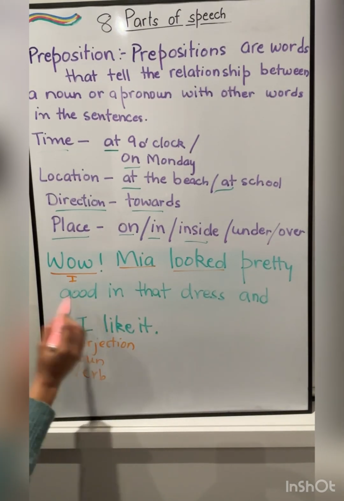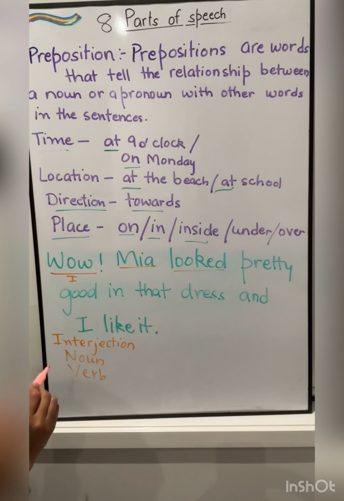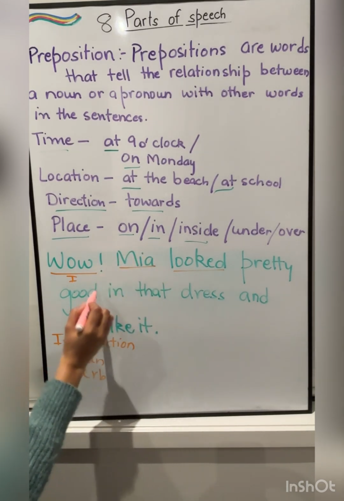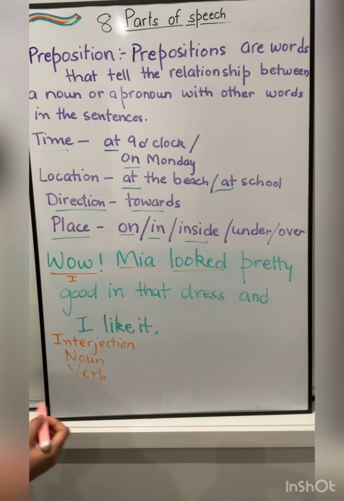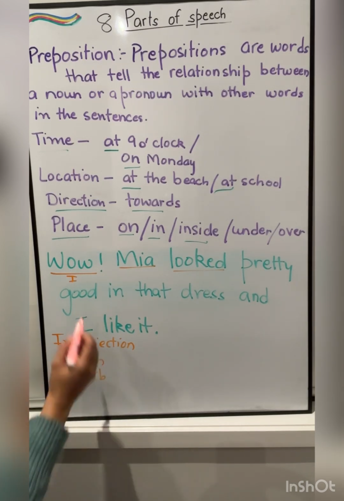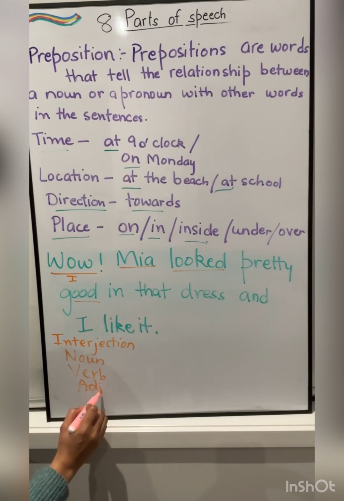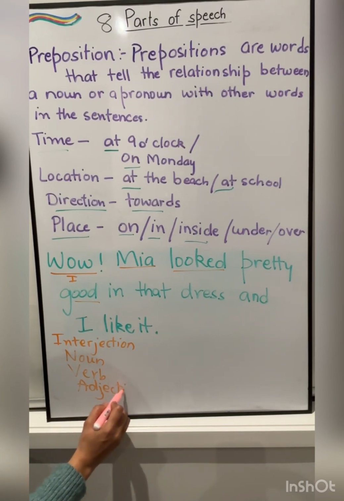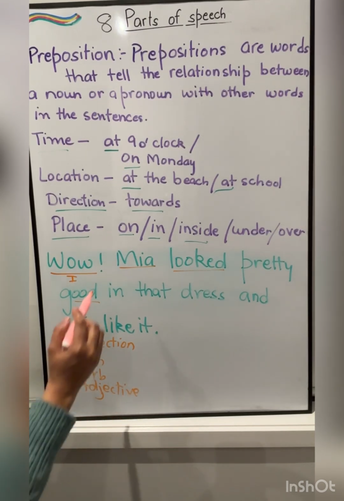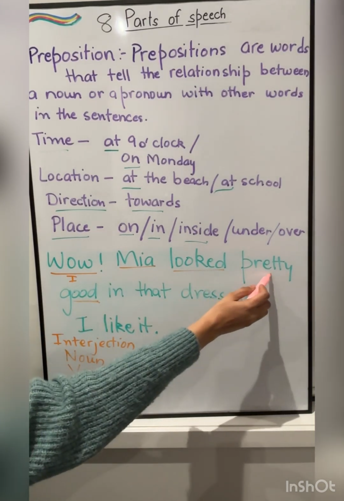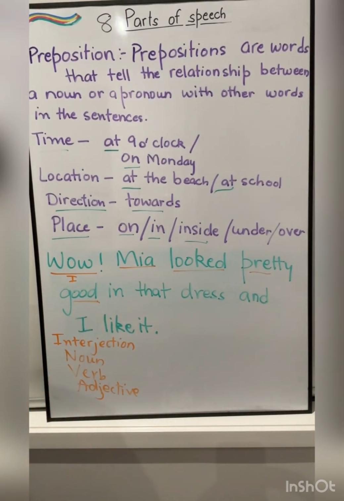Pretty good. Now, in this sentence, if you pay attention, when we talk about someone's quality, Mia is looking good. That means we're talking about some quality of Mia. This is your adjective. We are using all of them pretty quick. Here, the word pretty. She's looking good. We know that. But how good?